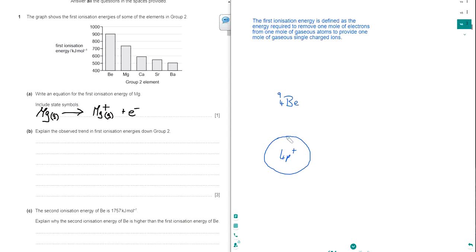And then we have 2 electrons in the first shell and 2 electrons in the second shell. If we look at magnesium, 12, 24 roundabout, and that means we have 12 protons in the nucleus.